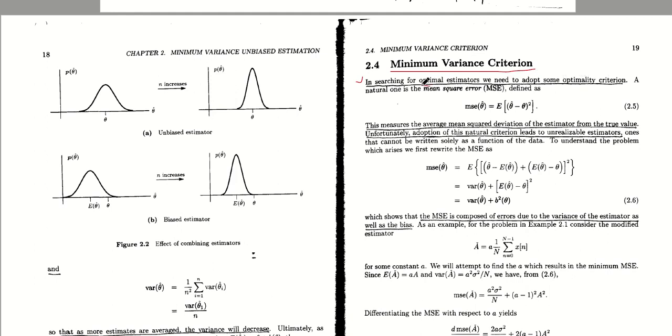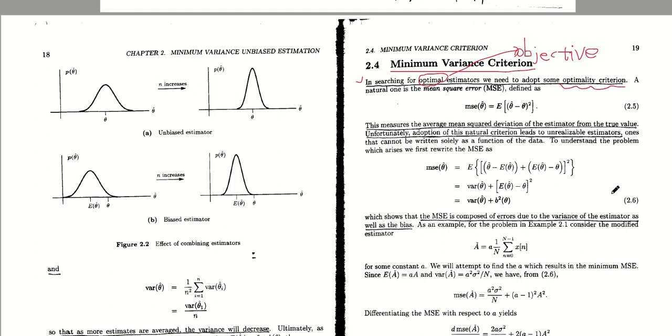When we are talking about optimal, it's always related to some kind of objective function. Later on, we will talk about different objectives such as likelihood as the objective function. But right now, we are going to adopt minimum variance as the objective function.